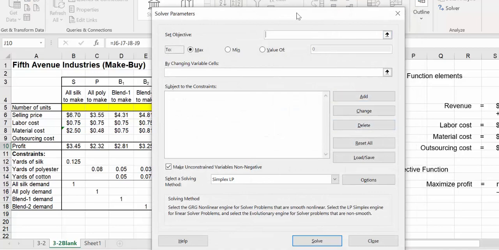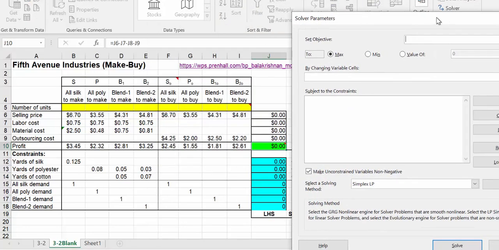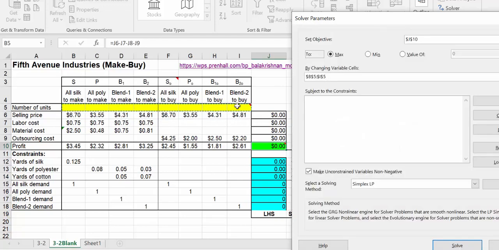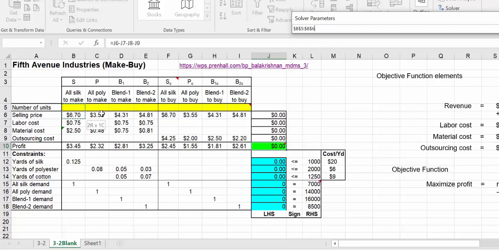All right, now we can try it. So we want to maximize profit like before. So here's the profit cell. And then by changing the cells, now this is nice to have them all together because we can just go across. So you can see the beauty of having all the decision variables together. I can just do that in one array like so. Okay, gotta make sure I have them all.